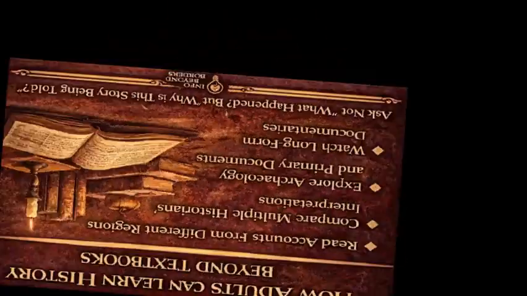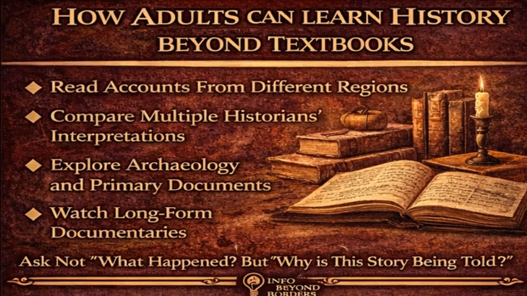Once we leave school, history education does not have to stop. In fact, this is where real historical understanding begins. Adults have access to tools that classrooms often cannot provide. Multiple perspectives, specialized research, original sources. To learn history beyond textbooks, one must shift approach. Instead of asking, "What happened?" ask, "Who is telling this story and why?"